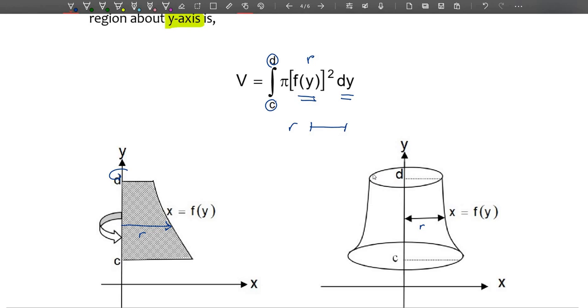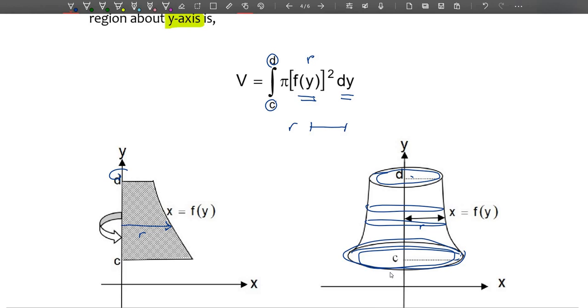As you can see, this is also an image of a circle. There will be a lot of circles inside the figure until this largest one. Maybe I didn't draw it correctly, but it's actually this part. So when we integrate, we actually find the summation of all the circles inside the figure.